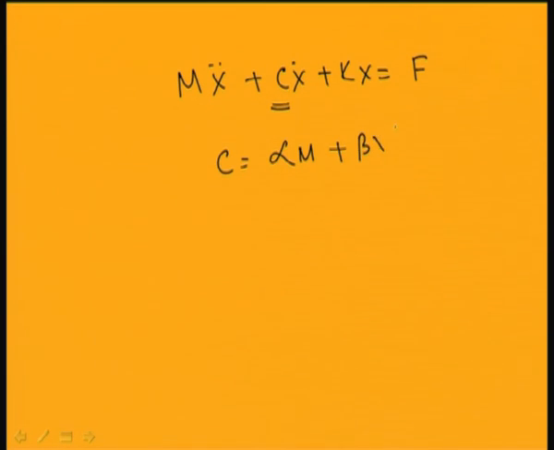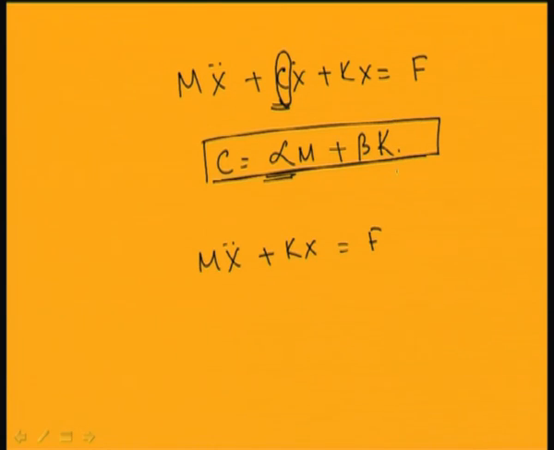So, it is divided into two parts, one is alpha m and the other is beta k. So, this damping matrix is divided into two, and it is added to the mass matrix and stiffness matrix terms, and the equation is converted into the previous form, that is m x double dot plus k x equal to f. So, this damping is known as Rayleigh damping or proportional damping of the system.